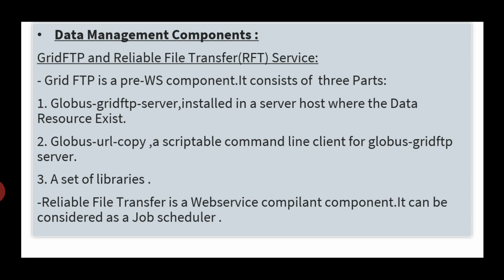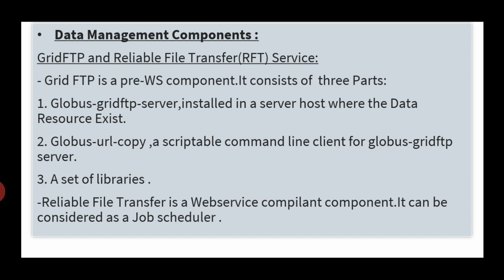So reliable file transfer provides users with an interactivation function throughout the data movement. Users should only give the uniform resource locator list of resources. In the sense, users should only give the URL list of resources.